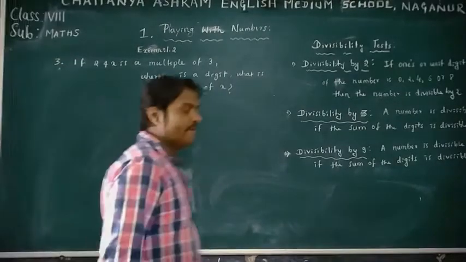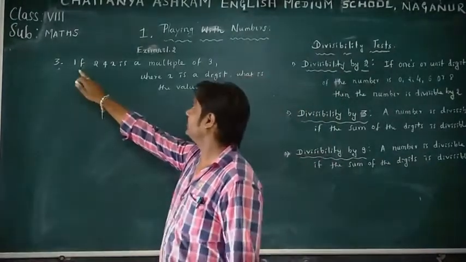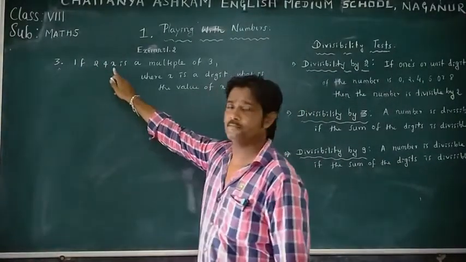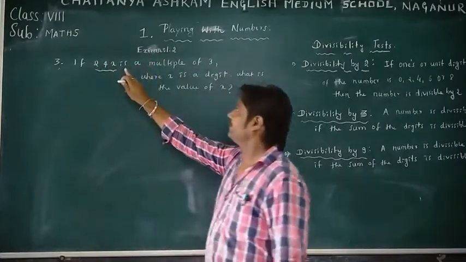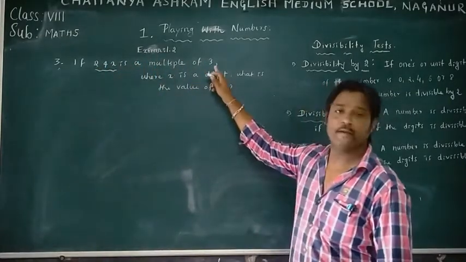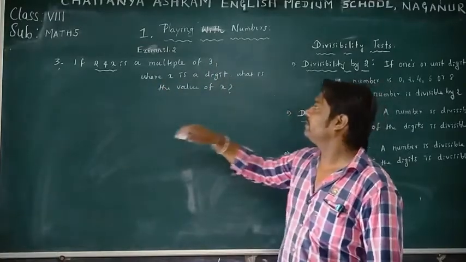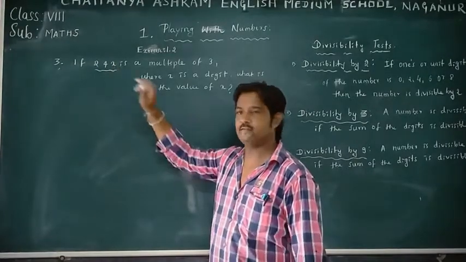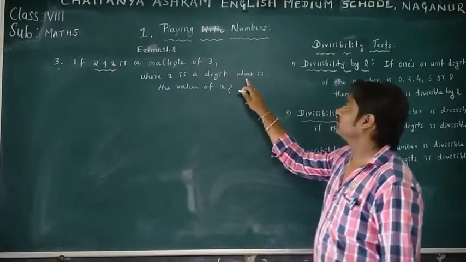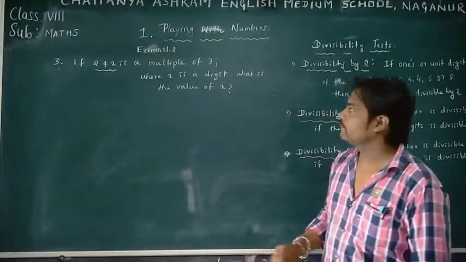Okay, children, see the next problem. If 24x, this is a 3-digit number, is a multiple of 9, where x is a digit, a single digit, then what is the value of x?